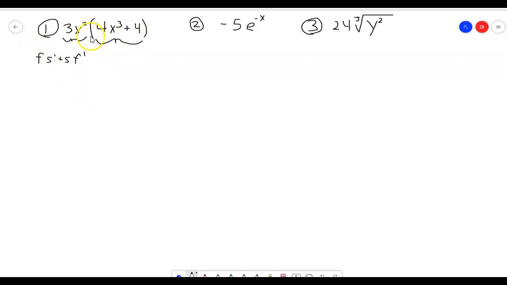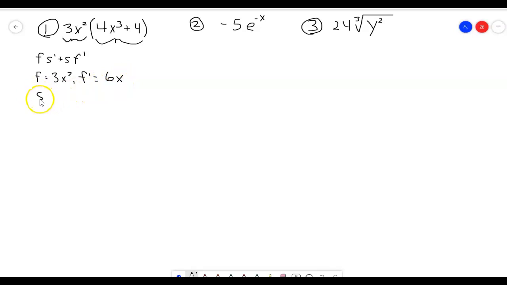All right, so let's go ahead and identify everything. My first function is equal to 3x squared, and the derivative of my first function, just applying the power rule, you bring the 2 out front, 2 times 3 is 6, so that's just going to be 6x.